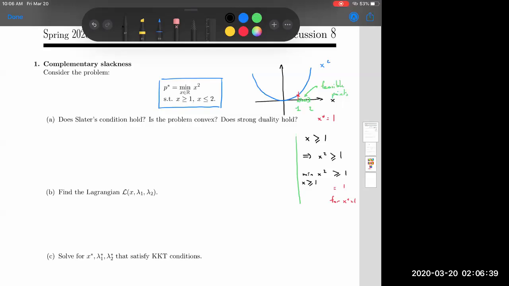So the first question asks you about the Slater conditions. First, you know that your problem is convex because x squared is convex. And then x greater than 1 and x smaller than 2 define a convex set.